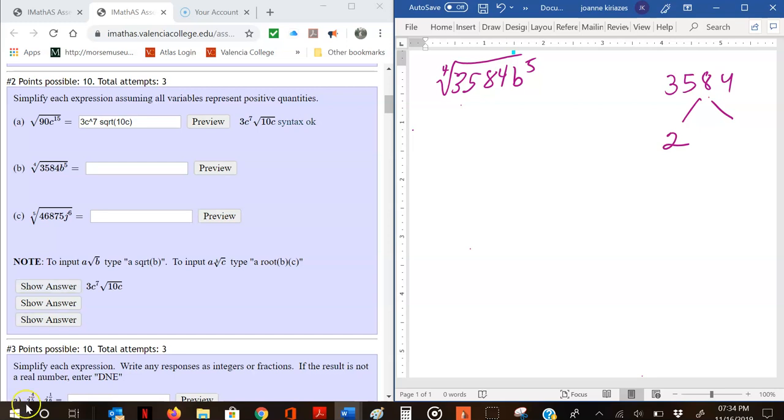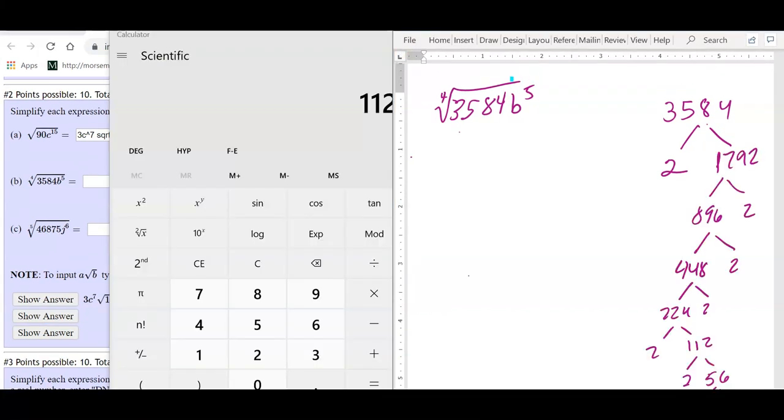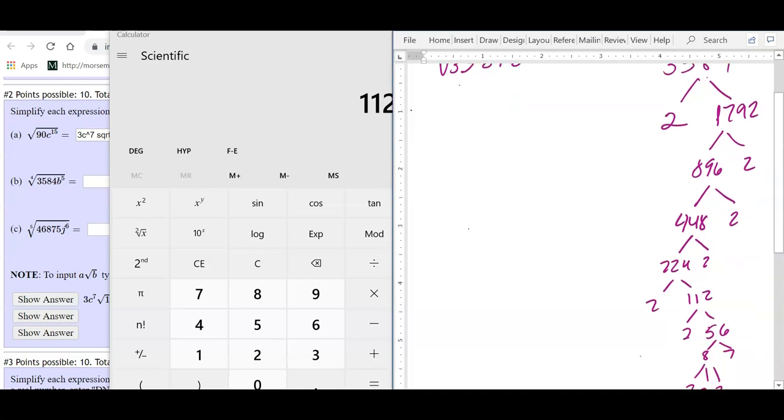And you guys have a calculator, so you could definitely go ahead and put that in your calculator, right? So I made the prime factor tree. So I went 2 times 1792, use my calculator if I need to. Then I divided this by 2, and I kept going.